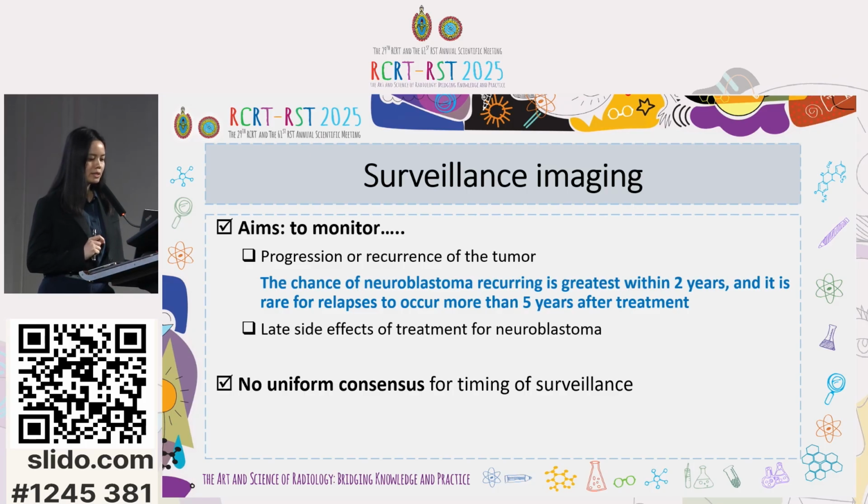Since recurrence more often occurs within 2 years of treatment, follow-up imaging is more frequent initially and may decrease over time if no abnormalities are detected. Due to the lack of consensus, the timing of surveillance varies depending on the individual and treatment protocols.